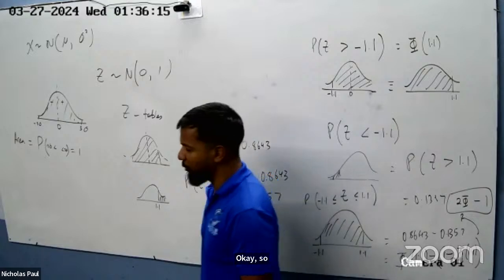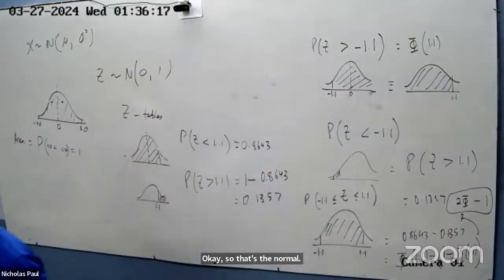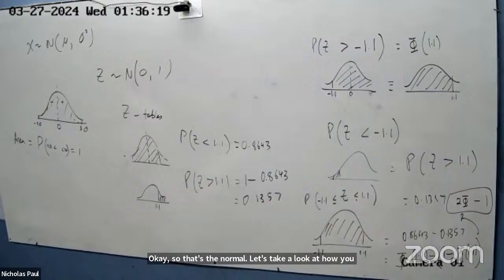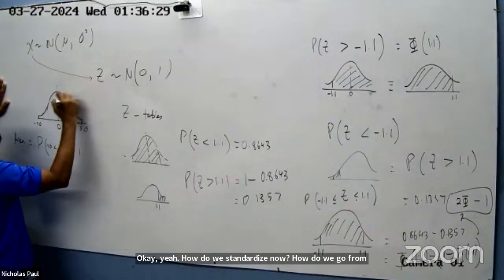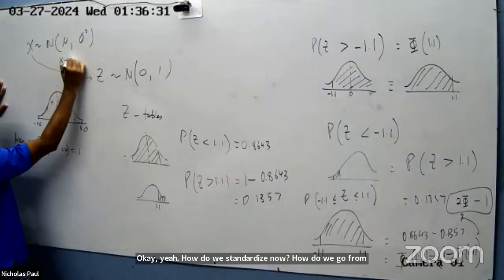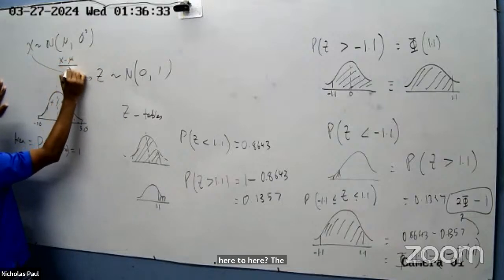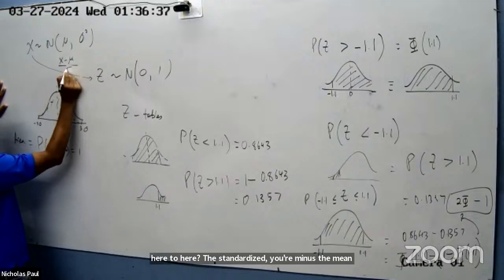Let's take a look at how to do chi-square now. How do we standardize now? How do we go from here to here? To standardize, you minus the mean and you divide by the standard deviation.